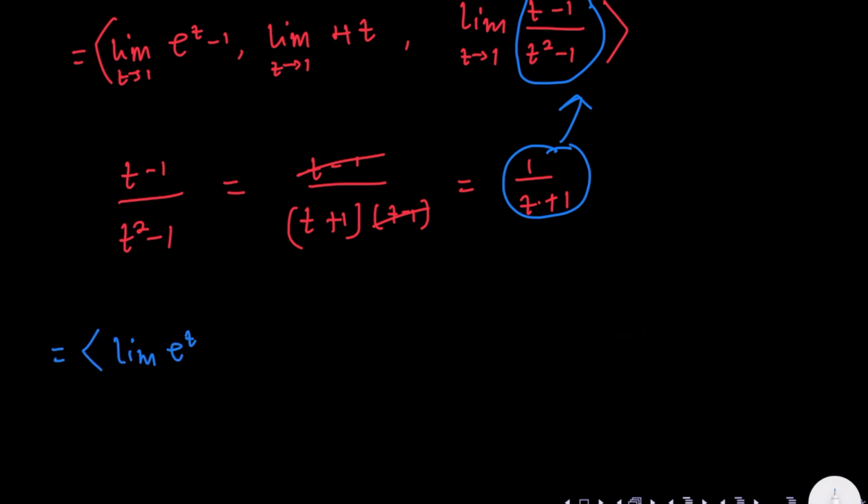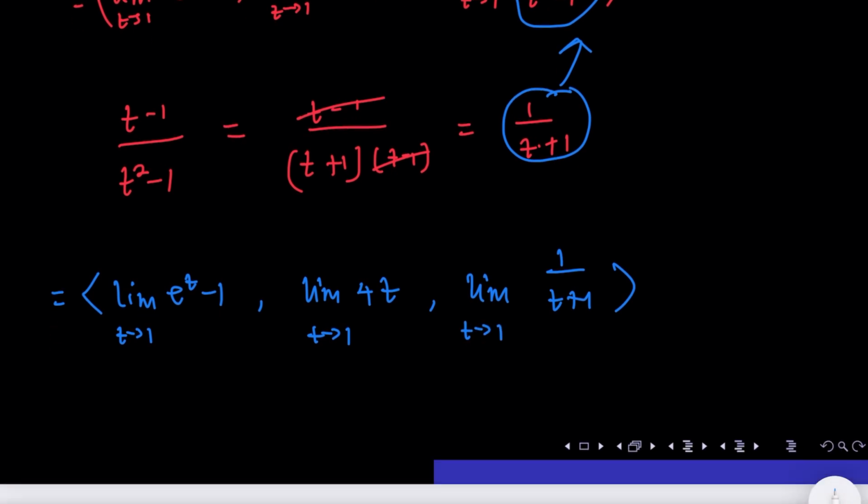So we are going to have limits of e^t minus 1 as t goes to 1, then limits of 4t as t goes to 1, then limits of 1 over t plus 1 as t goes to 1.